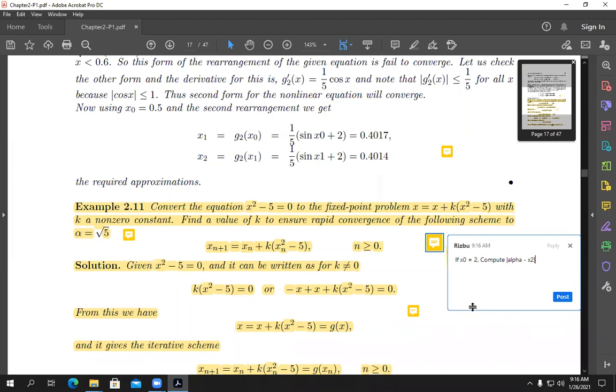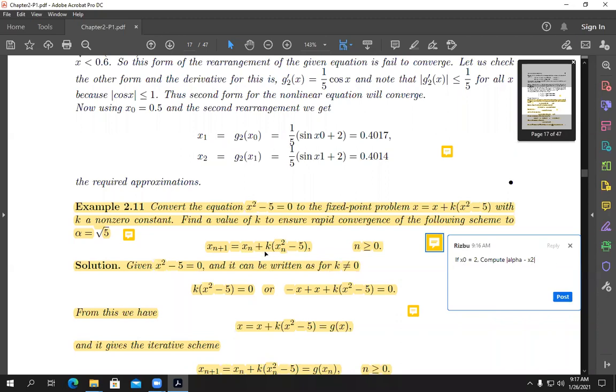It's very simple. To compute this one, what do you need? Alpha and x2. Alpha is given, right? Root 5. You need x2. How can you find x2? From this formula.